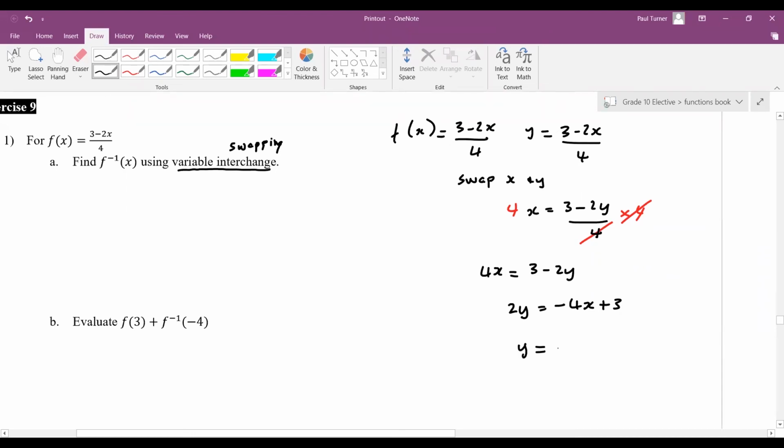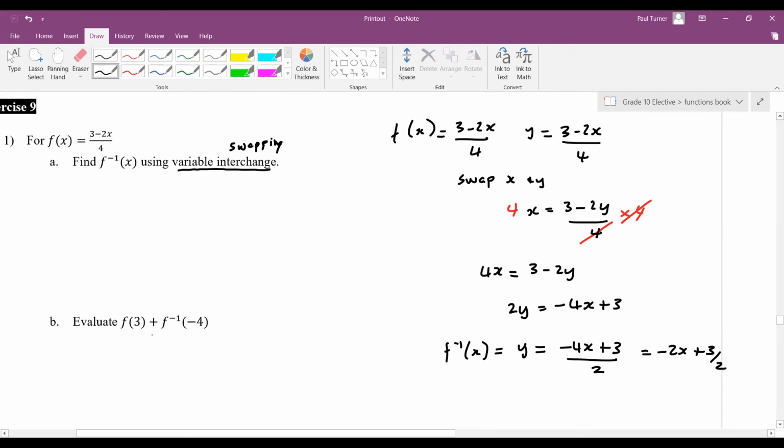So then y equals minus 4x plus 3 on 2, which is minus 2x plus 3 on 2. Or this, it's up to you. So that's your inverse. So can you copy that down? I'll give you a minute. So write that down and then think about how you're going to evaluate this now.